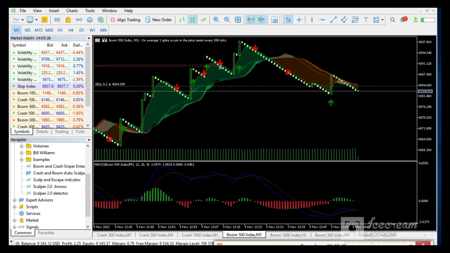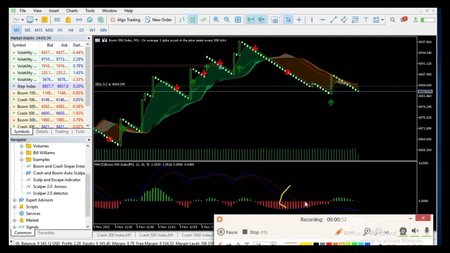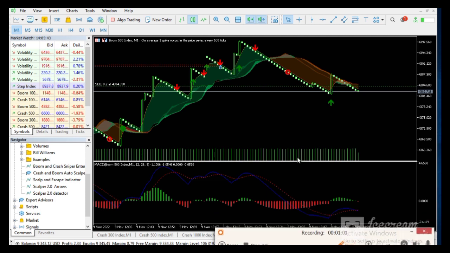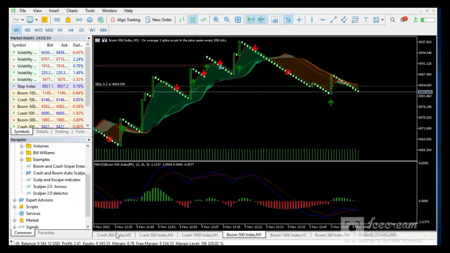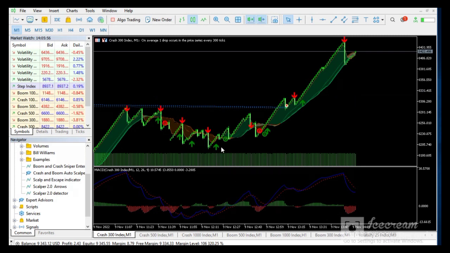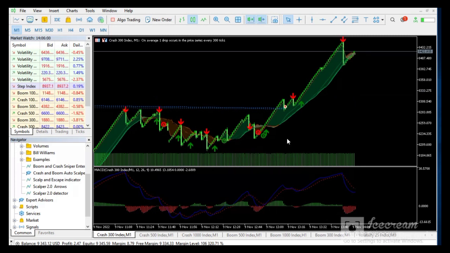You see that the OS has crossed below the awesome oscillator. At that point we have a longer sell trade. Right now it has crossed below the awesome oscillator, which shows we're supposed to take a buy to catch a spike. So let us catch that spike right away.